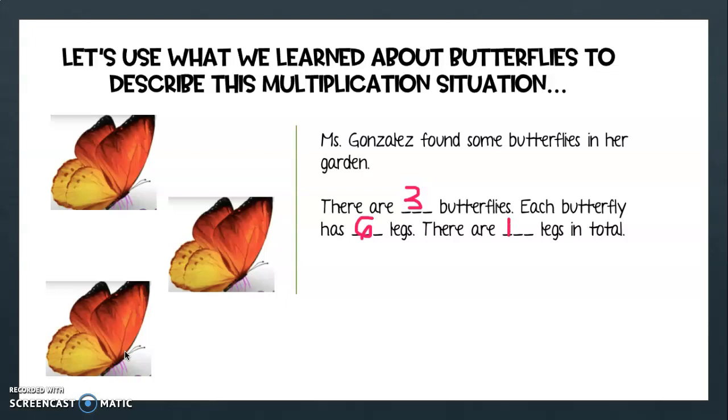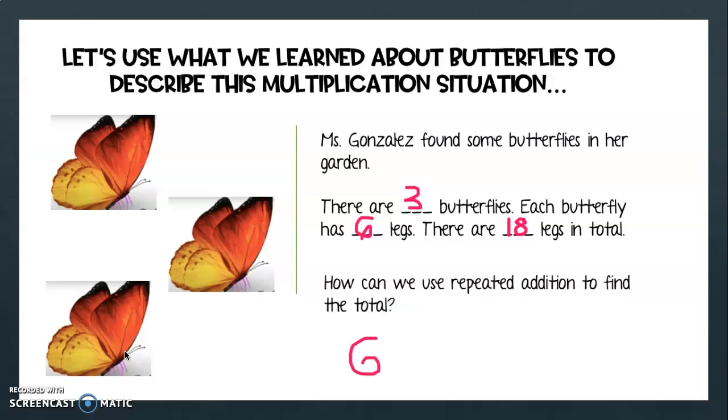Now I know that there are 18 legs total, and this is how I found that answer. I used repeated addition in order to find my total. So I know that this butterfly has 6 legs. So I'm going to add another 6 to add this group of legs in this next butterfly. So 6 plus 6 equals 12.